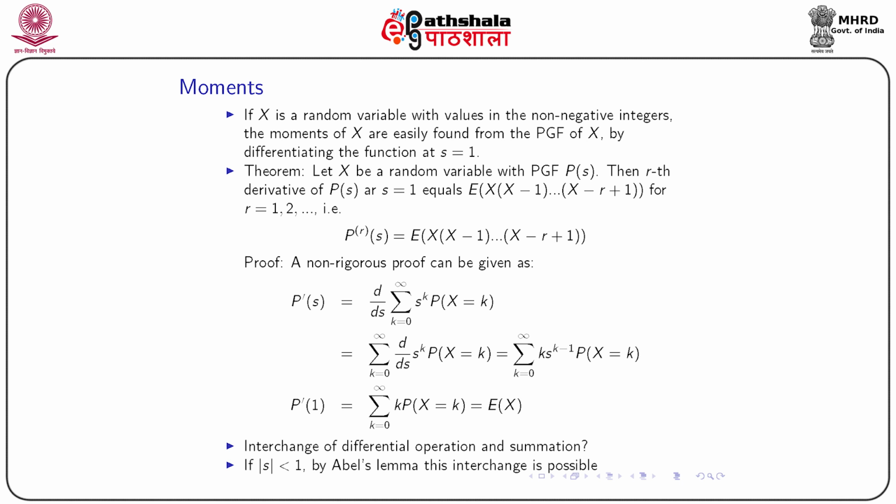In the whole procedure we have assumed that we can interchange the order of summation and the differential operation. But is it permissible? Well, in most cases where we have mod s less than 1, this is permissible using Abel's lemma. So if I use the concepts of Abel's lemma, then this interchange is possible and this proof is quite okay.